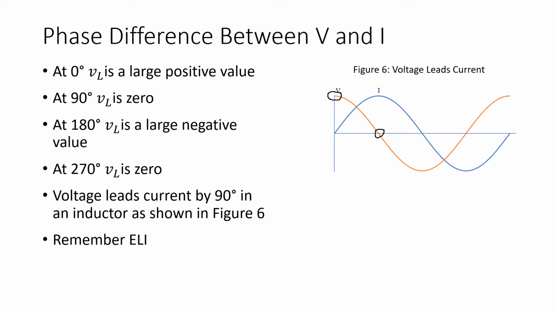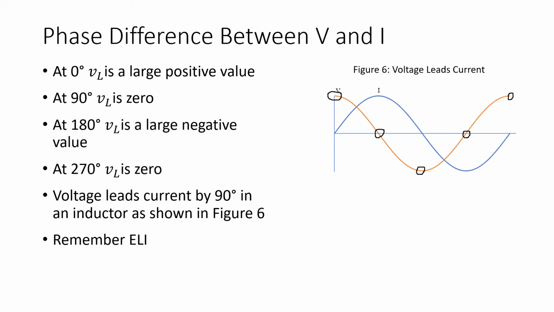At 180 degrees, di/dt is a large negative value, so VL is a large negative value. And of course at 270 degrees, since di/dt is 0, VL will be 0. And at 360 degrees, we're back at the starting point, and VL has a large positive value.